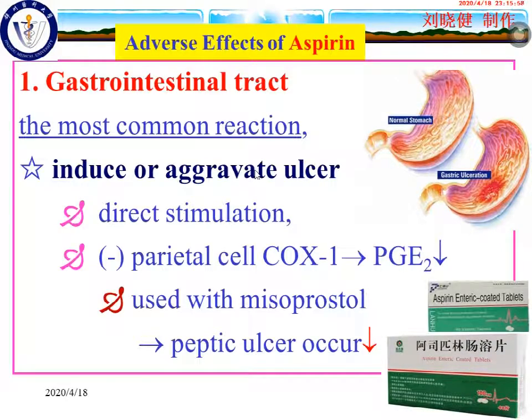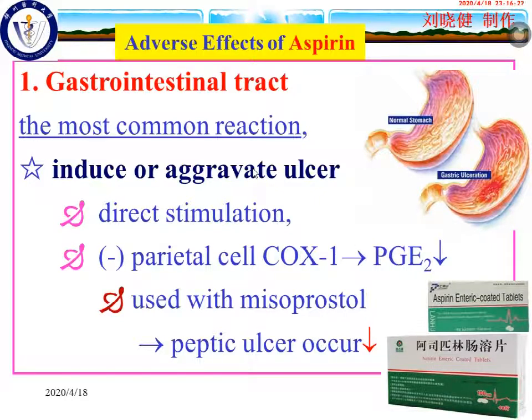GI tract reaction is the most common reaction caused by aspirin. It has a latent potential to induce or aggravate ulcer. Actually, this adverse reaction on the GI tract is mostly caused by direct stimulation after oral administration.